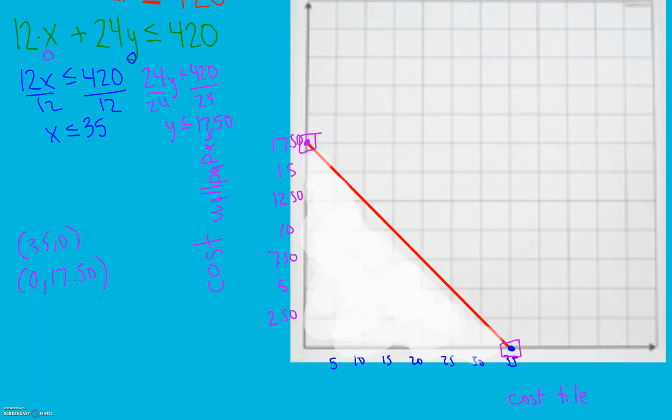We could do something in the middle, like 15 for tile and 10 for wallpaper. We also don't have to do right on the line, guys. We can pick $14.50 and $6.85 if we wanted. Okay, because that's part of our solution set. So it doesn't have to be exactly on our line. It's anything that we shaded, anything in this whole area here.